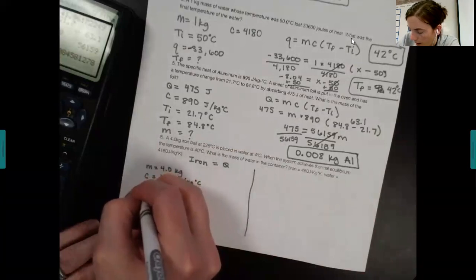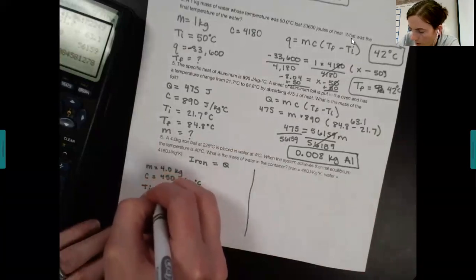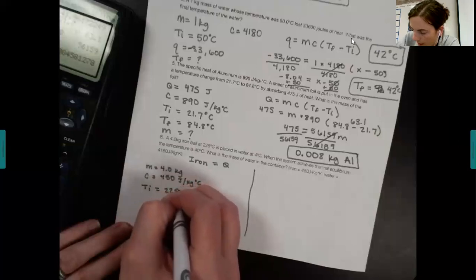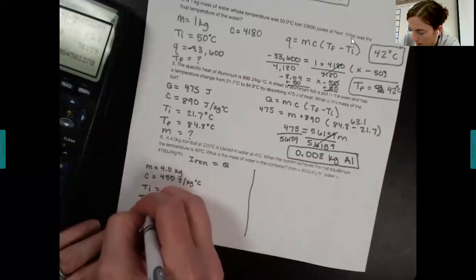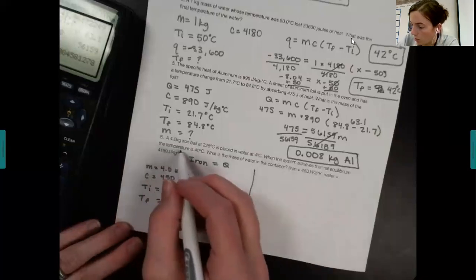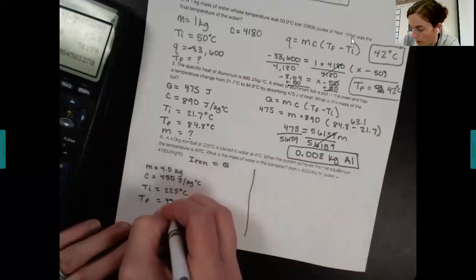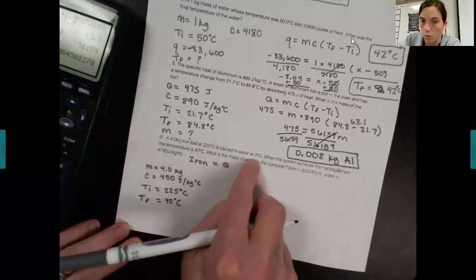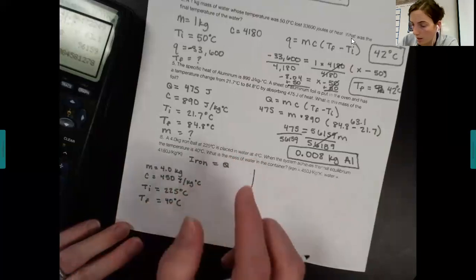And then the initial temperature of the iron was 225 degrees Celsius. The final temperature of the iron, when it reaches equilibrium, is 40 degrees Celsius. This 4 is what water started at. So we'll use that in a second.